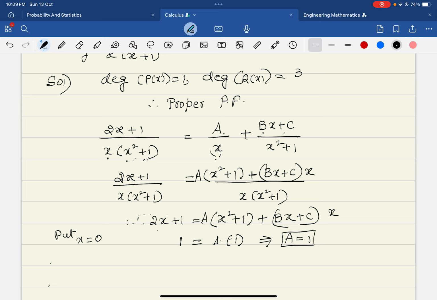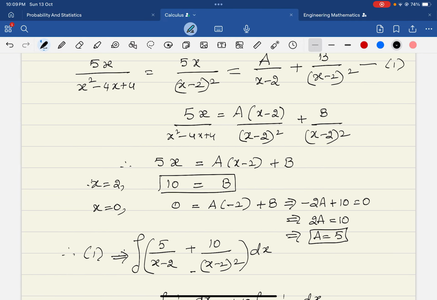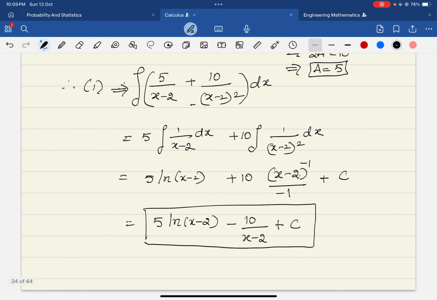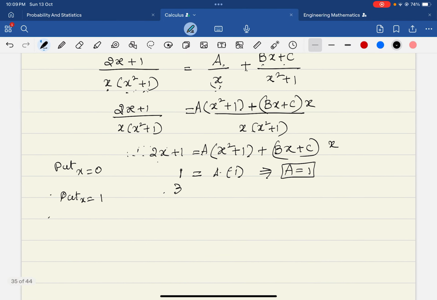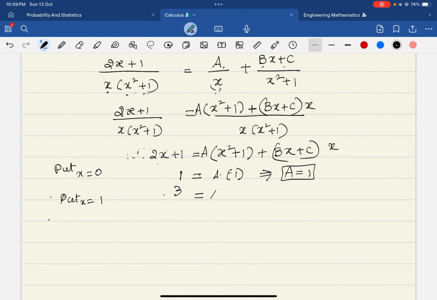It's more clear. Now for the other values, whatever you put, you won't get 0. So let us randomly put x as 1. So it is 2 into 1, which is 2 plus 1 becomes 3. And a times 1 square plus 1 plus b times 1 plus c times x, which is 1.